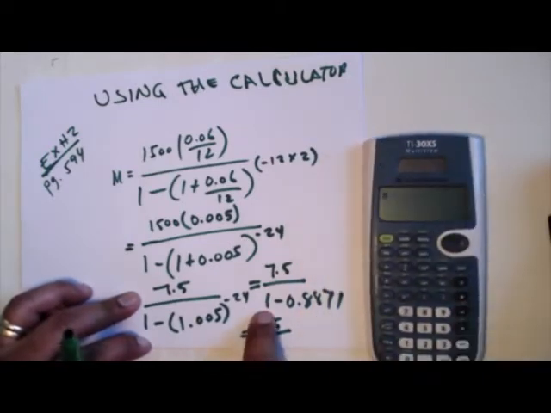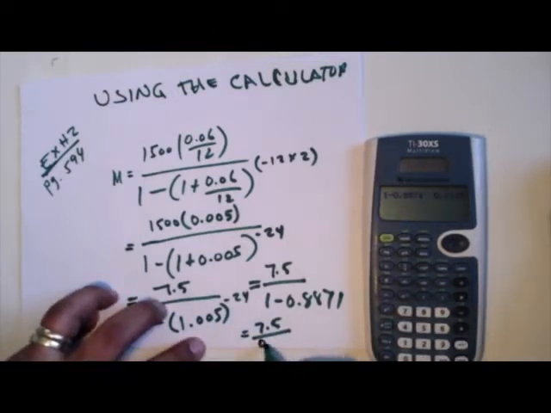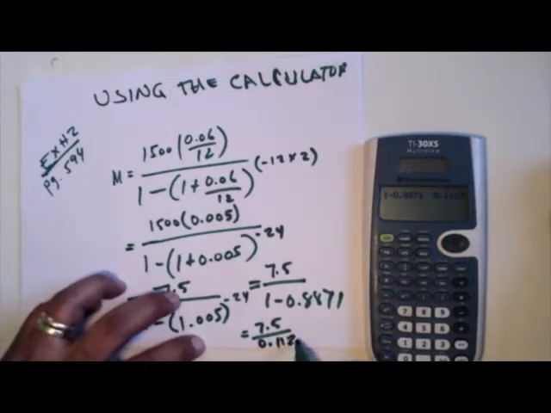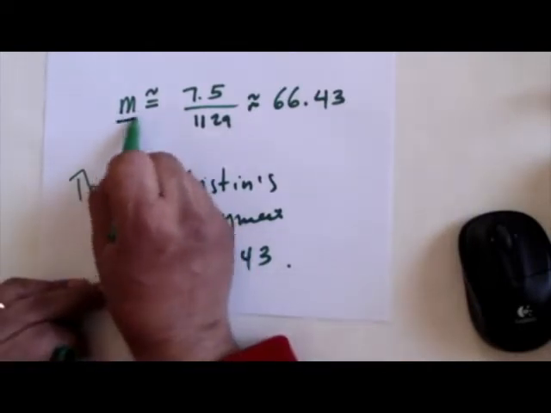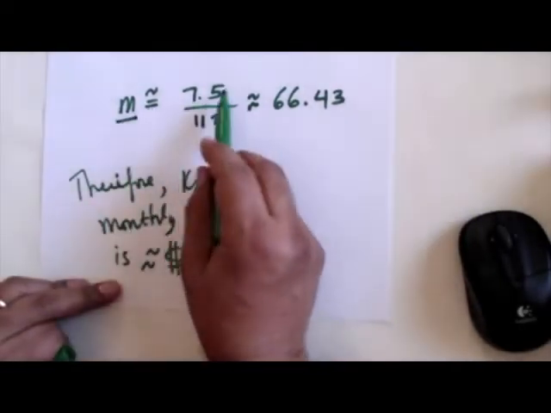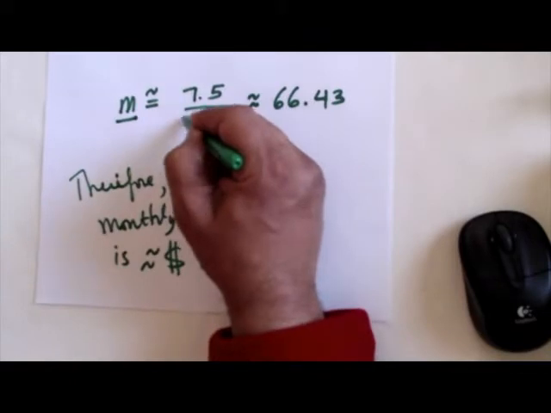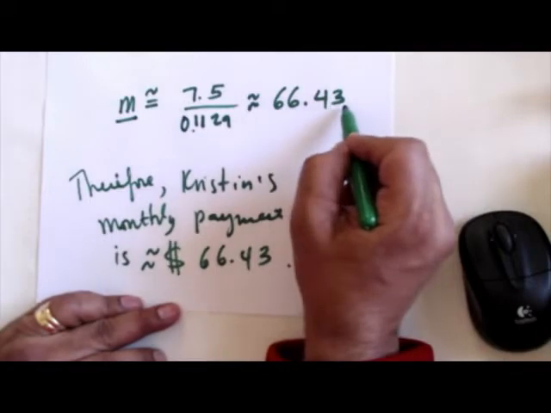When you do this calculation again, you get 7.5 divided by, then we'll subtract 1 from here. So 1 minus 0.8871, enter, and that will give you 0.1129, and this is an approximation. So M, the amount, is approximately 7.5 divided by 0.1129, and this yields about 66.43, right?